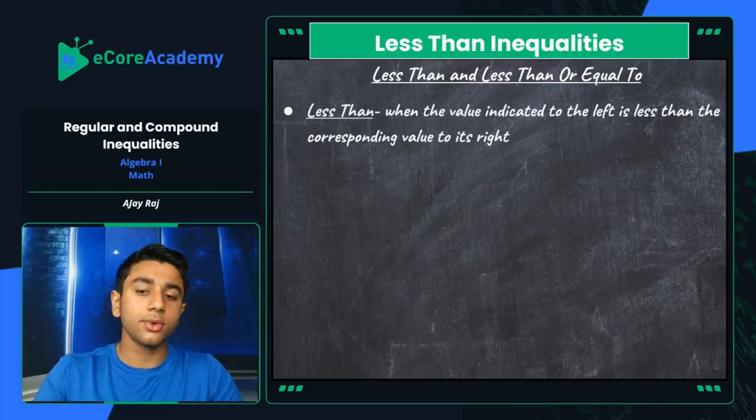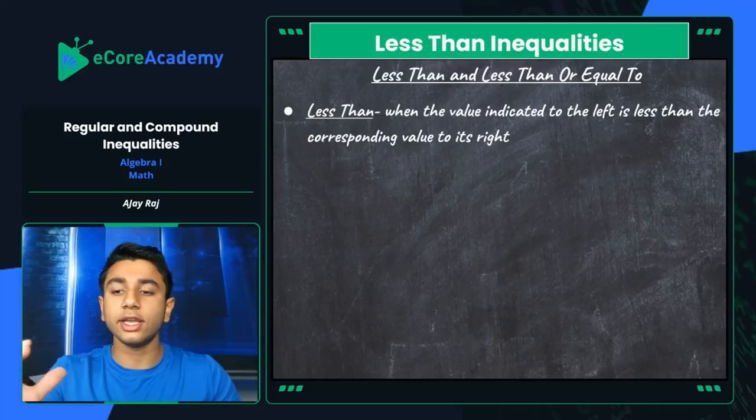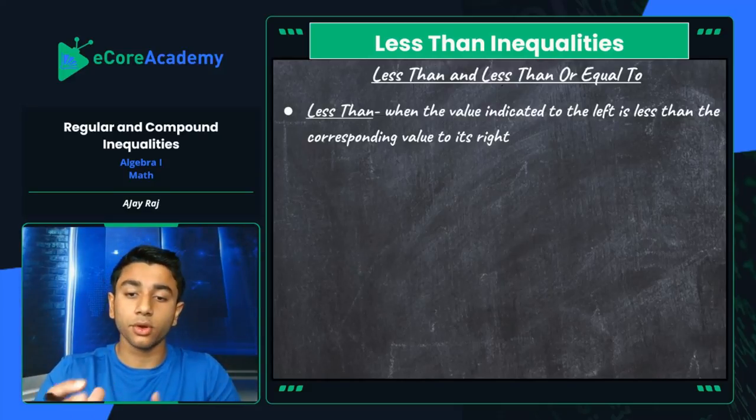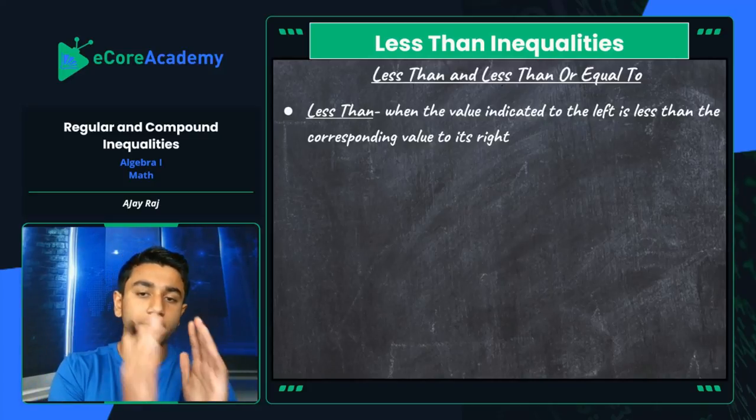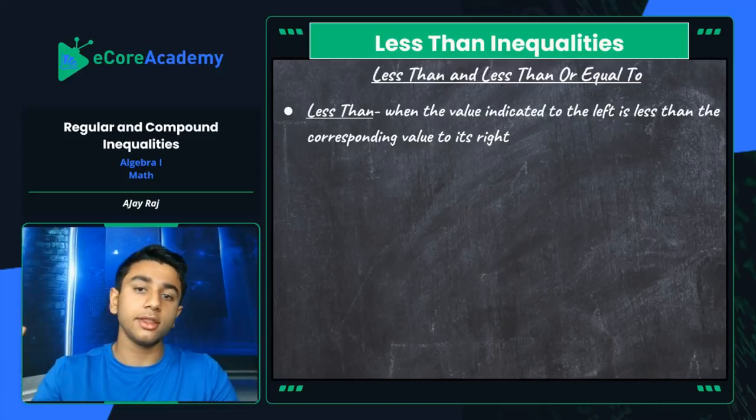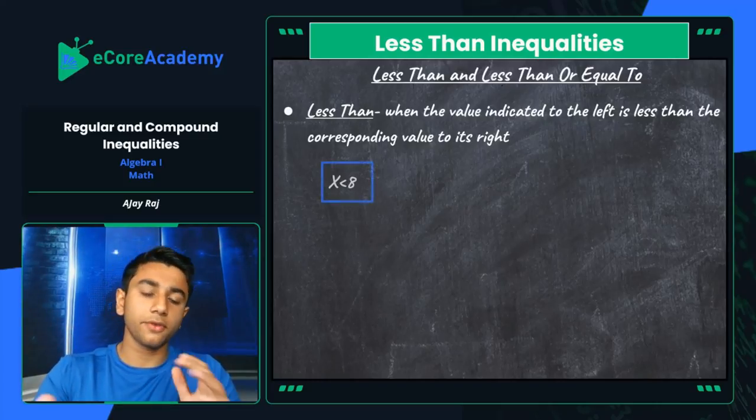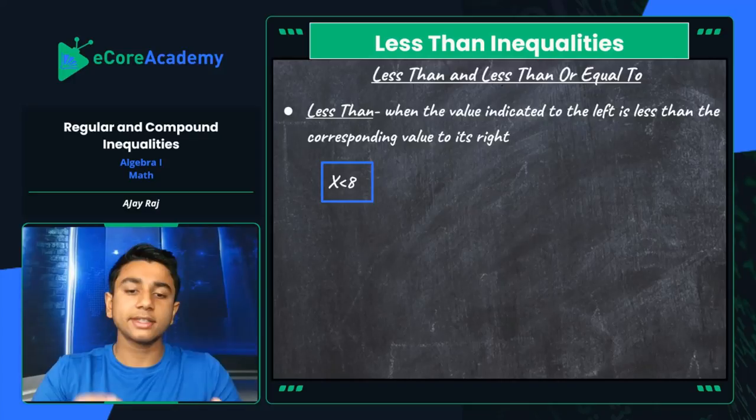For our less than inequalities, this occurs when the value indicated to the left is less than the corresponding value to its right. That means all of the possible data points on the left side, meaning the variable itself, must be less than that value and cannot be equal to it. So for example, this is how you'd represent it. x is less than 8.